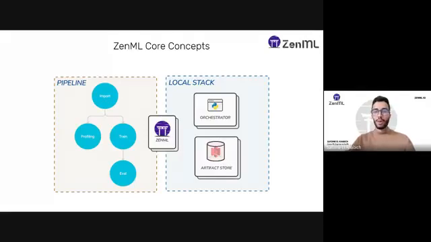For example, we have the orchestrator, and there are multiple flavors, local ones and remote ones, such as Kubeflow or Tekton and other flavors. And for the artifact store, it's the configuration where files are going to be stored. There is a flavor for S3 buckets, for Azure Blob Storage, GCP and others.